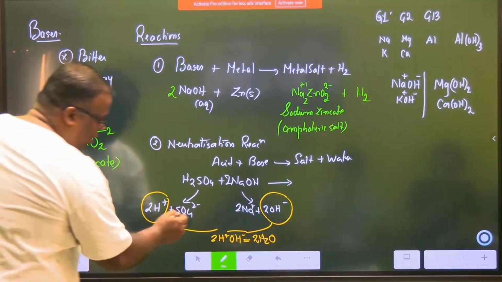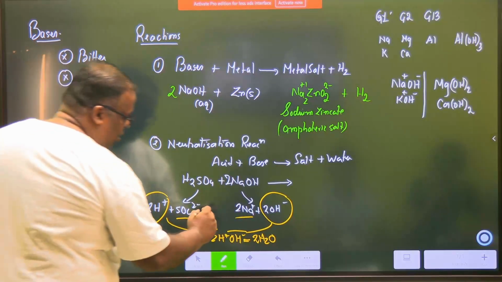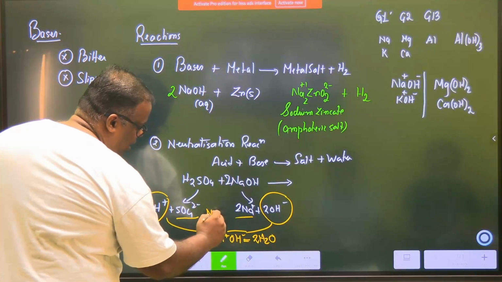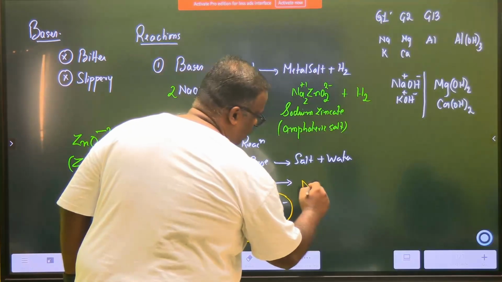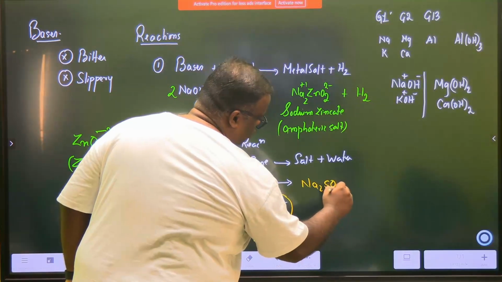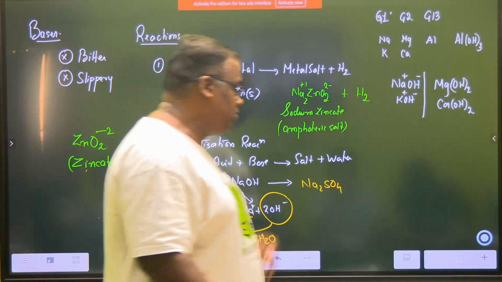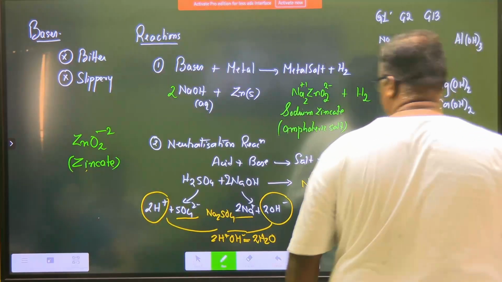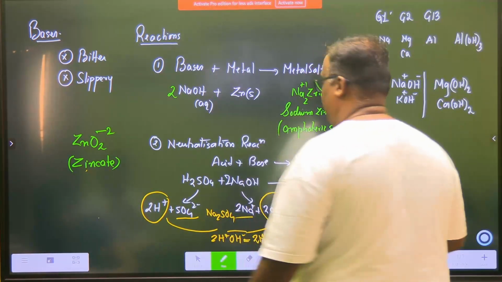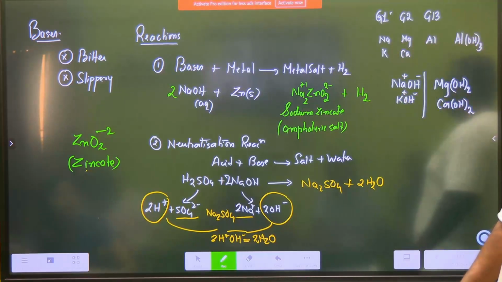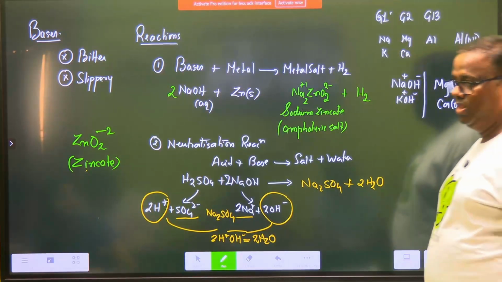And these two will combine to form the salt, Na2SO4. So that's how it comes. What should be the name? It belongs to the clan of sulfates. Sodium sulfate and 2H2O.